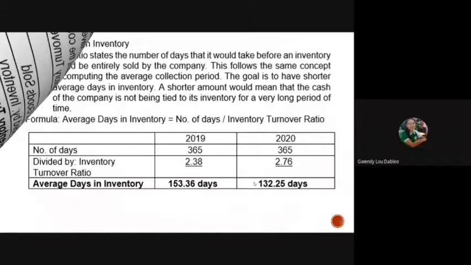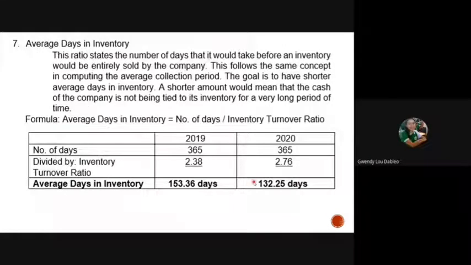Now, let's proceed to number 7. Average days in inventory. Kindly read the definition, Escarnil. Average days in inventory. This ratio states the number of days that it would take before an inventory would be entirely sold by the company.